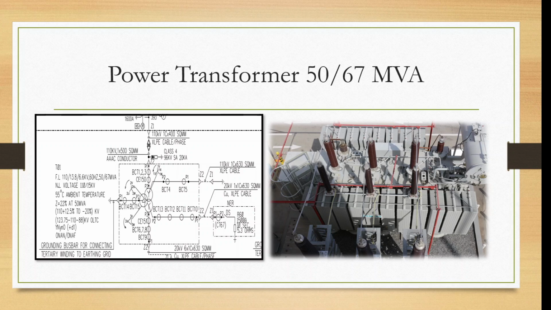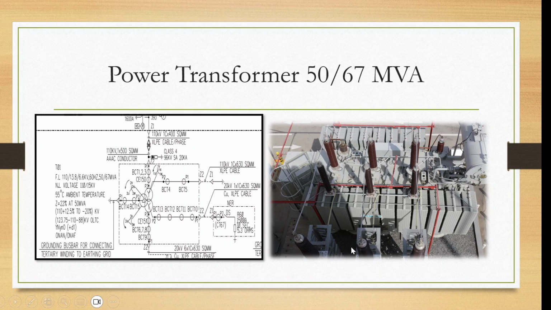So here this is shown. If I start from this point, the 110 kV single core 400 square mm cable is connecting from GIS to the transformer.